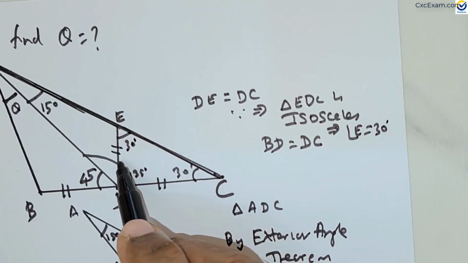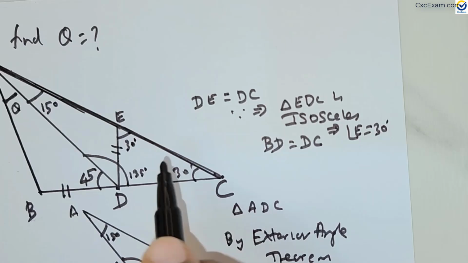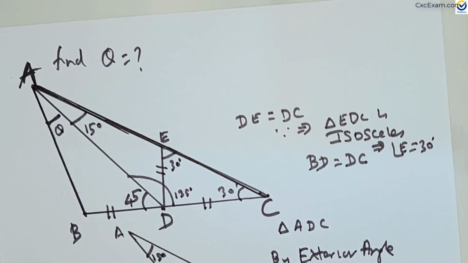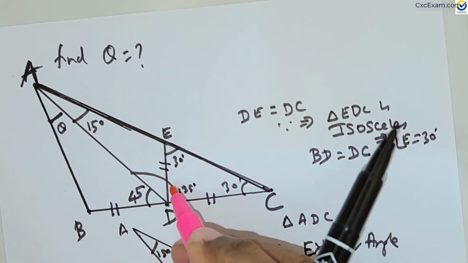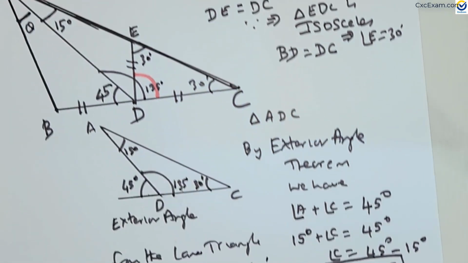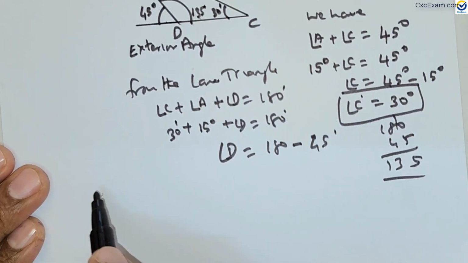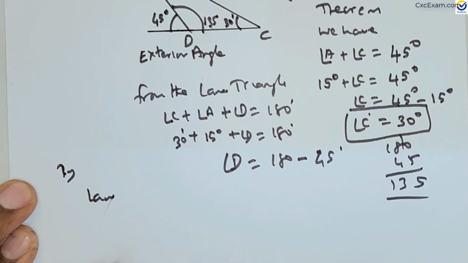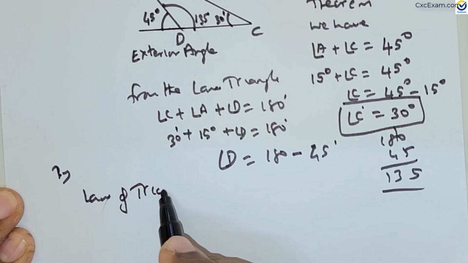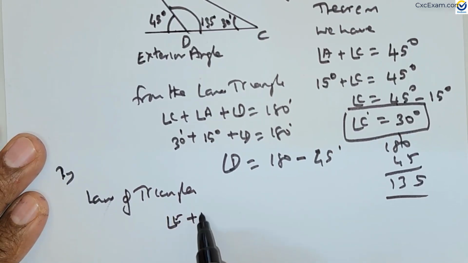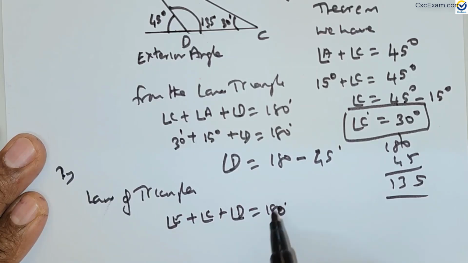Now I want to get this angle. For that, I'm using the law of triangles. By law of triangles, angle E plus angle C plus angle D is 180.